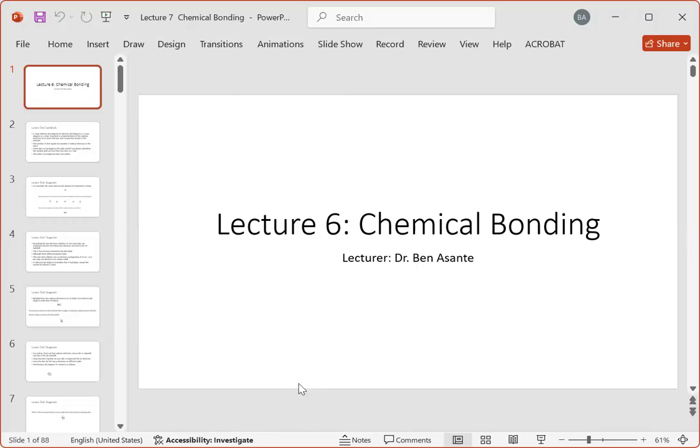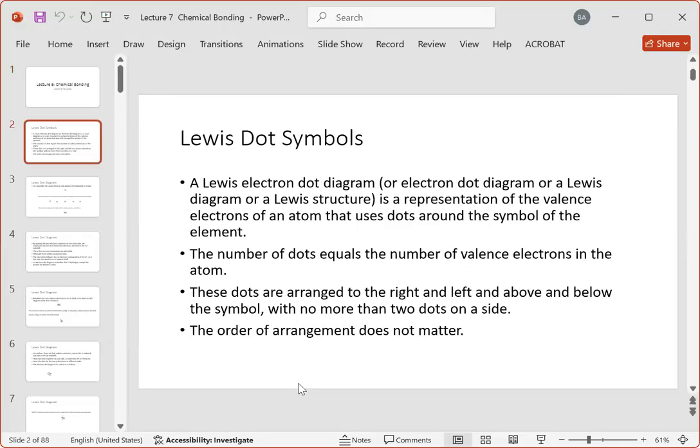The other day, we were doing chemical bonding, right? We were doing the Lewis electron dot diagram, and we also learned how to do the bonding. So we continue, all right?